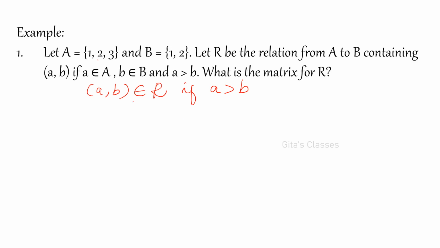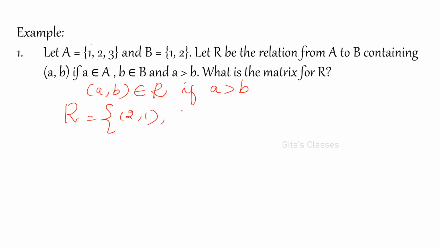So what are all the elements in R? What are all the possibilities we can have? (1, 1), it is not greater than, so (1, 1) we won't write. (1, 2) we won't write. (2, 1), yes, 2 is greater than 1, so we will write (2, 1). Then (2, 2) we won't write because 2 is not strictly greater than 2.